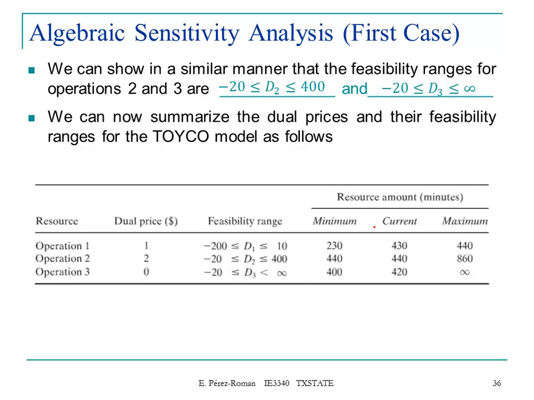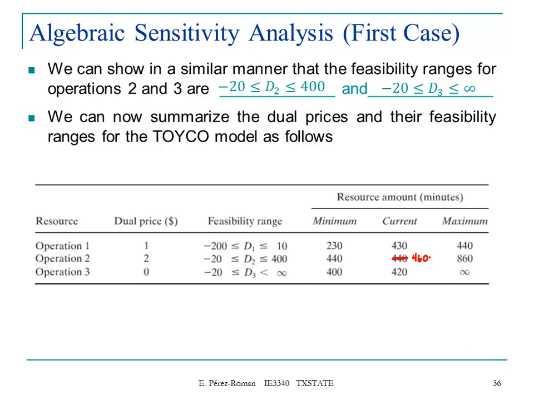That should be 420. This is the value that is wrong. The original is 460. So, okay, if you increase this by 400, that makes 460. And if you increase this by infinite, that will make that number infinite.